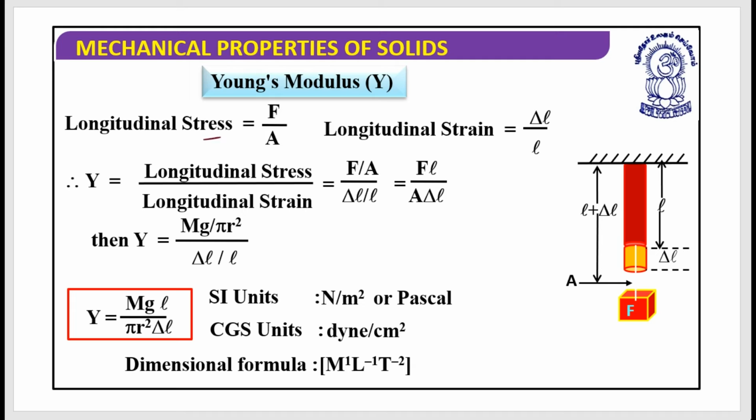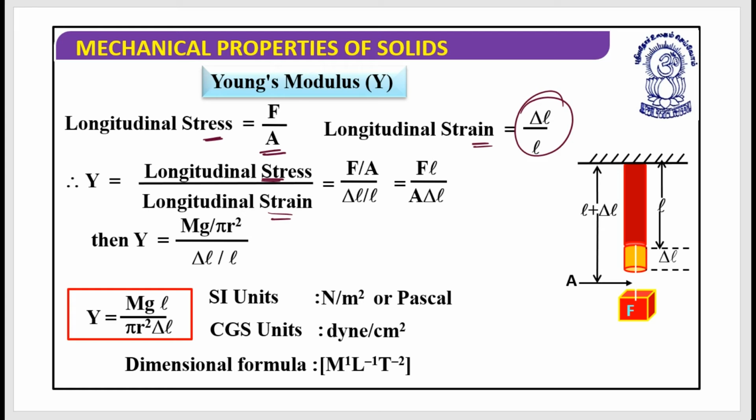If I write down the stress and the strain, the longitudinal stress is force per unit area, because the force has acted perpendicularly. And the longitudinal strain is basically the change in dimension over the original dimension, which equals delta L by L. So Young's modulus can be written as longitudinal stress to longitudinal strain.